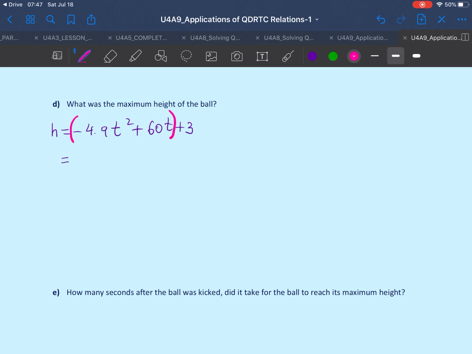You group the first terms, the ones that have the variables. Then we have to factor the coefficient that is before t squared. So this guy here has to come out. Negative 4.9 is out. Then in brackets we'll have t squared, and then plus 60 divided by negative 4.9.